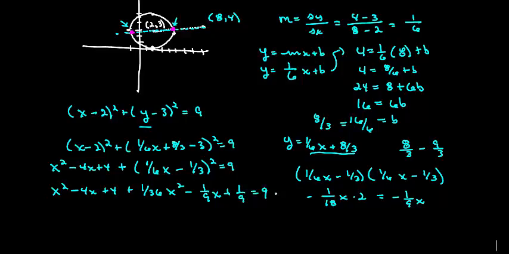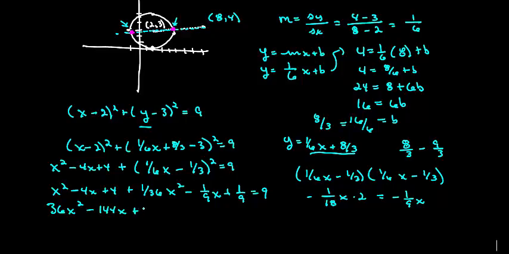So what I'm going to do here is I'm just going to multiply everything by 36. So this is going to be 36x squared minus 144x plus 144, plus x squared minus 4x plus 4 is equal to 9 times 36, which is 324. Now the numbers here are going to get a little bit big, but it's still, I think, better than trying to deal with fractions.